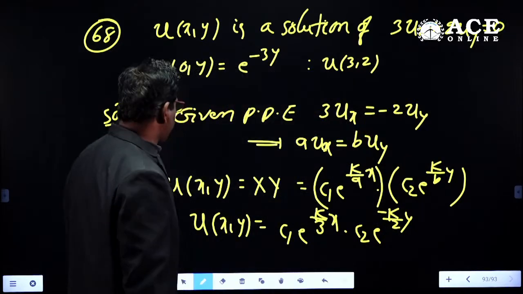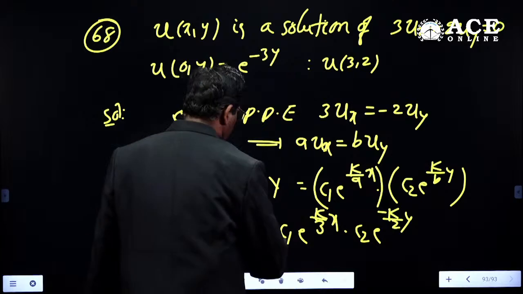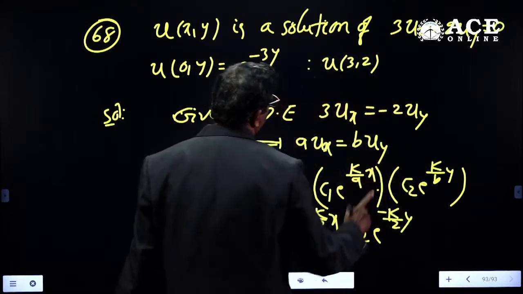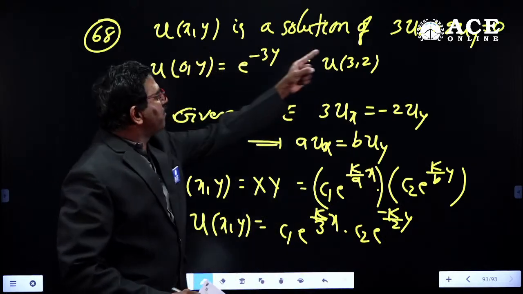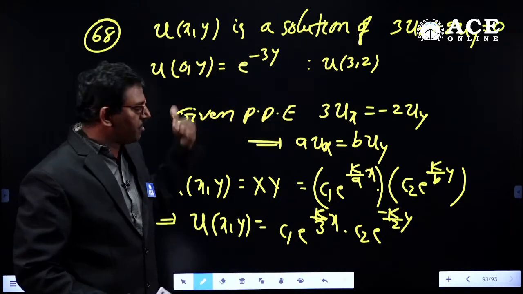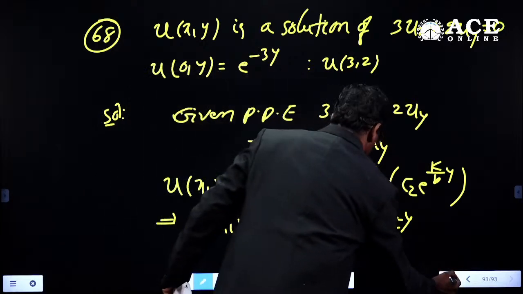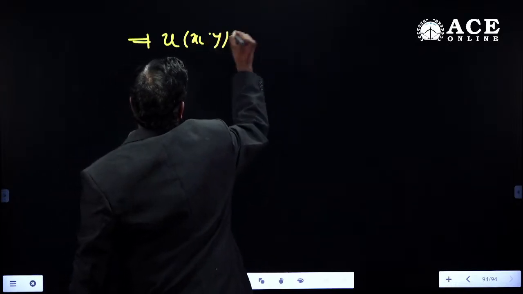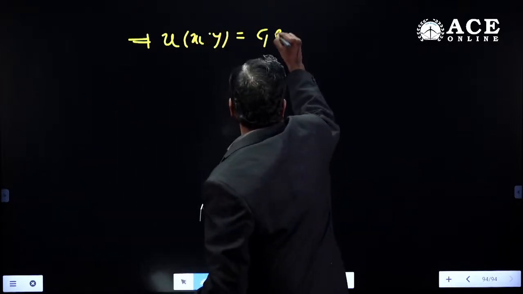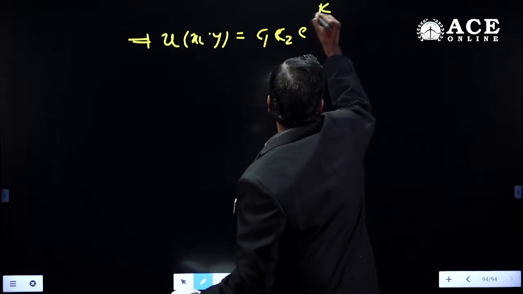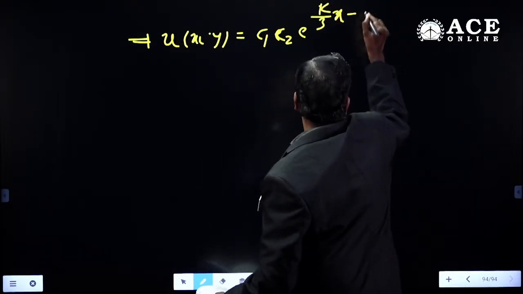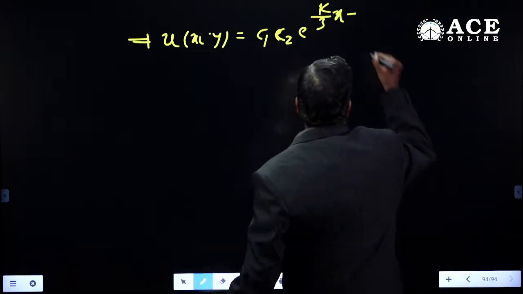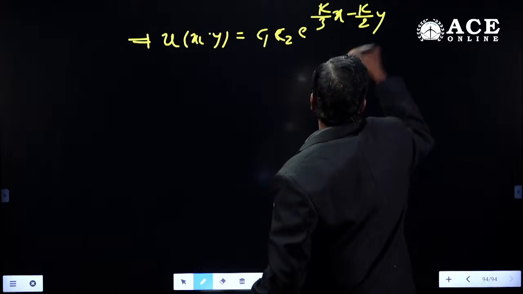Now what is the final answer? C1 C2 e to the power k by 3 x into e to the power minus k by 2 y is the general answer. But he has given a condition, so using this condition you have to solve. So u of x,y is equal to C1 C2 e to the power k by 3 x minus k by 2 y. Let this be 1.